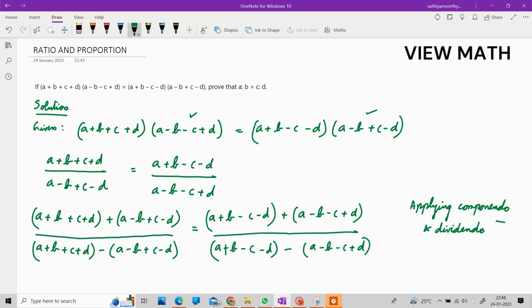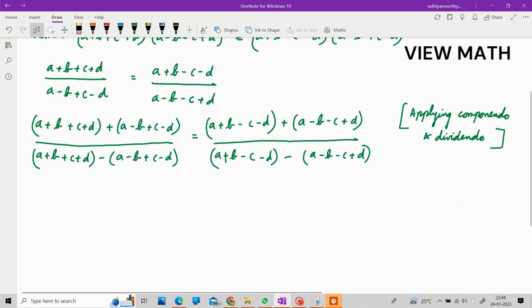So I have applied the property and now I'm going to simplify it. I'm going to reduce the terms.